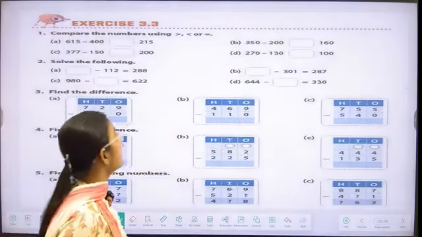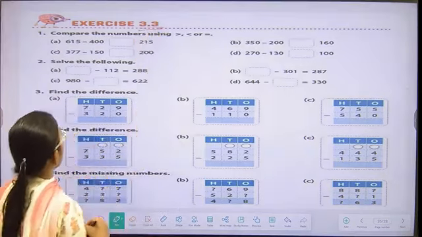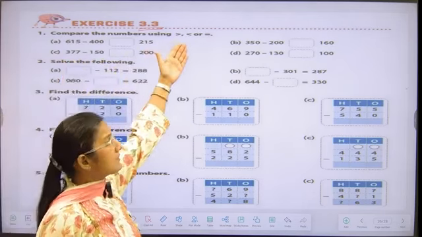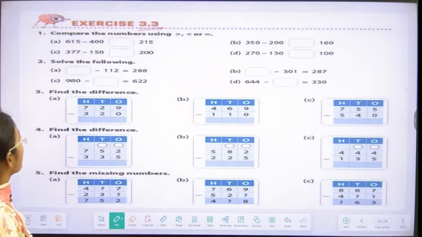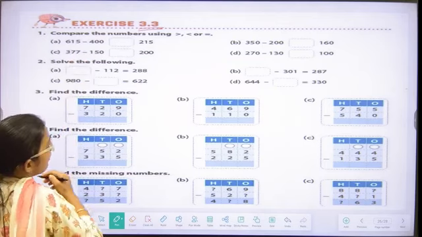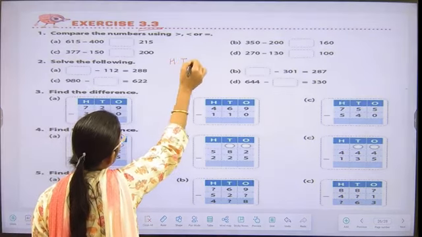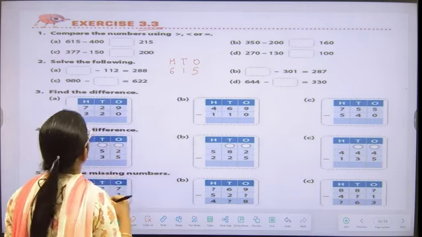Let's move further. Now we are going to start our next exercise 3.3. We have to compare the numbers using greater than, less than or equal sign. Let's do the first one with me. We have to first subtract 400 from 615. So first we are going to write 100 times 1 and write the bigger number 615.